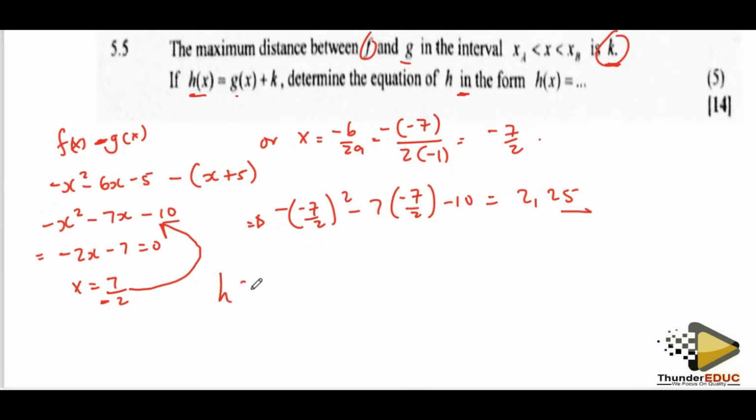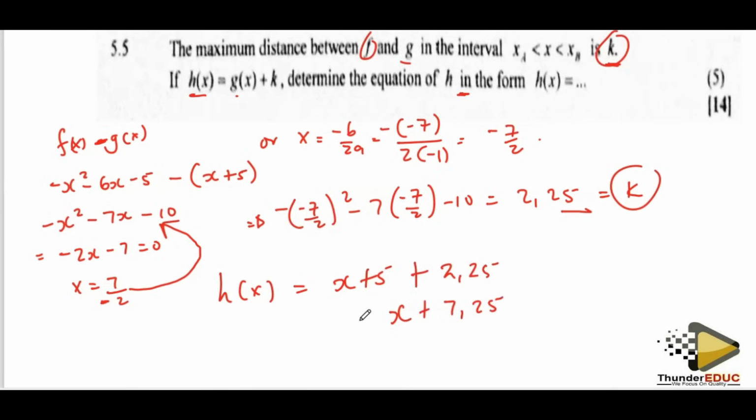Which means my h of x is going to be the g of x, which is x plus 5, and then plus this 2.25, which represents the k. So that is going to be x plus 7.25. That is the h of x. Alright, so that's how I would have gone about that. It's either the first derivative or the axis of symmetry to get the maximum point.